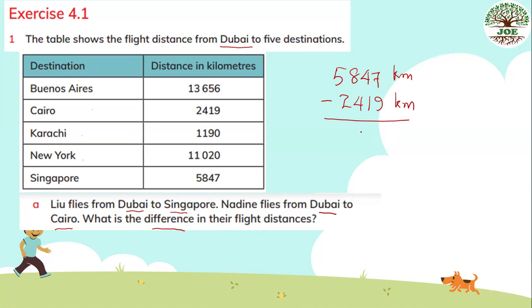Okay, the answer is 3,428 kilometers for part A.